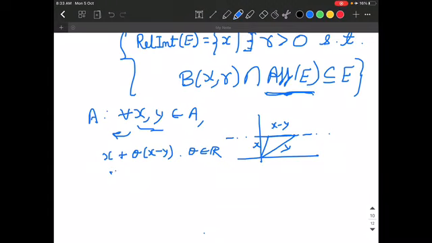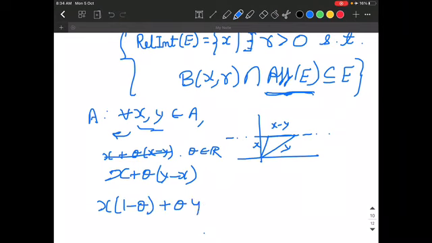Write it as x plus theta times (y minus x). Then this can be written as x times (1 minus theta) plus theta y. So this is the equation of this line.